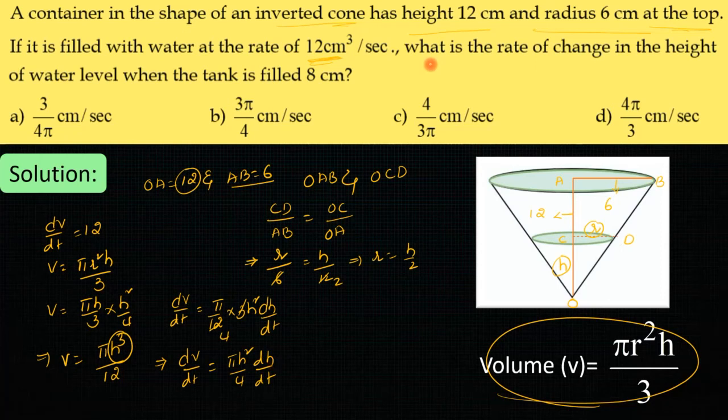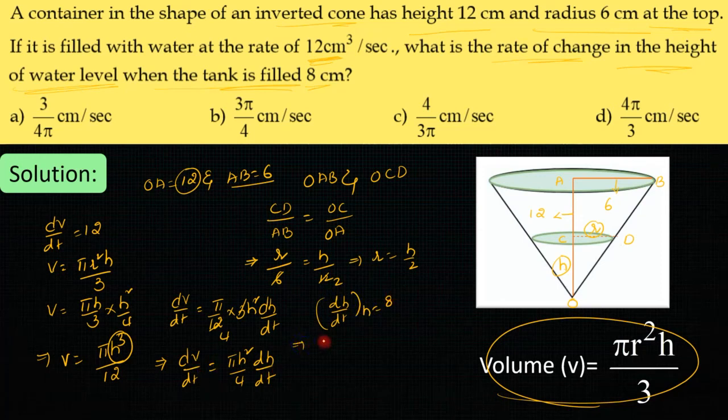Now we have to find what is the rate of change in the height of water level when the tank is filled 8 centimeters. Height of water level is h. That is, we have to find dh by dt at h is equal to 8.